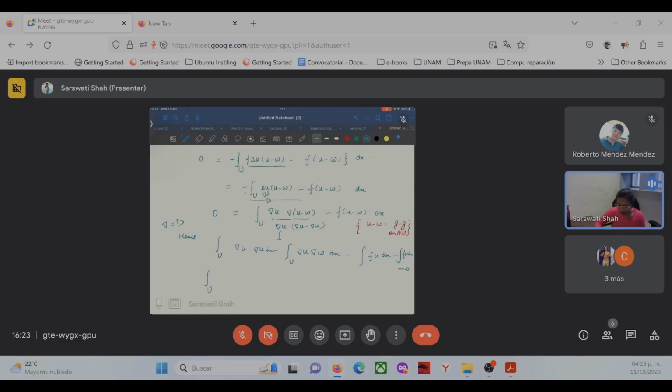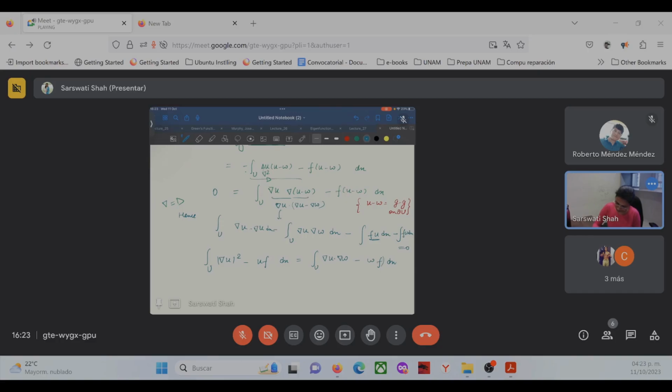So it will be integration of gradient of u squared minus integration u f dx is equal to integration gradient of u dot gradient of w minus integration w f dx. Since f is a linear function, it can be taken on any side. Now I am going to use the Cauchy-Schwarz inequality.